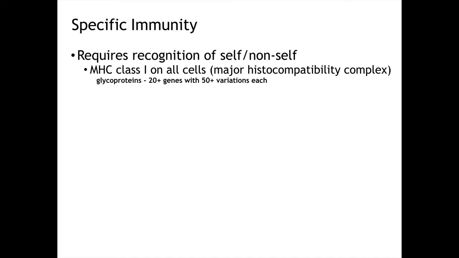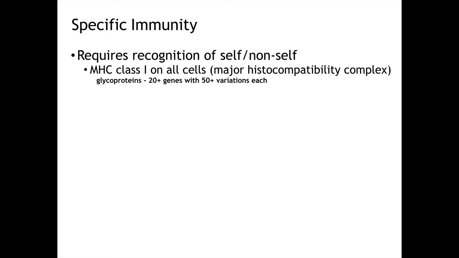All right, so we'll talk about this a little bit. Part of this recognition requires some ability to know this is something that should be here versus something that shouldn't be here, and it relies on the presenting cell having this complex on them called the major histocompatibility complex, or also sometimes referred to as the HLA, human leukocyte antigen.